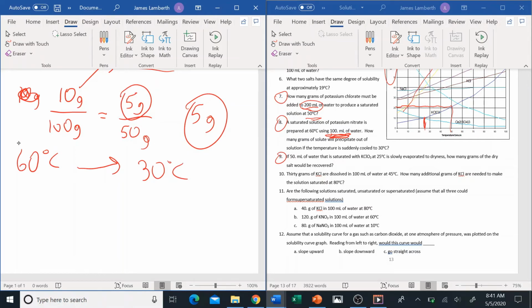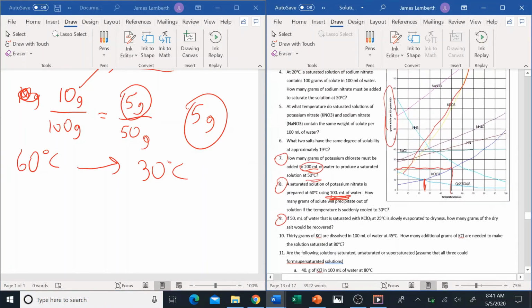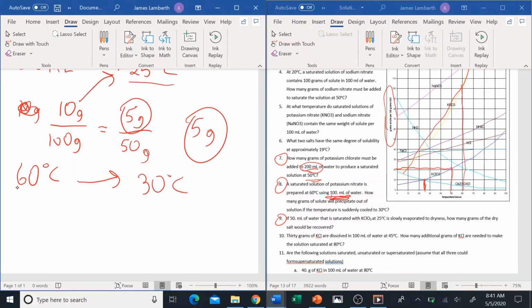Now, what are those solubilities? Well, here we're dealing with potassium nitrate. Oh, great. The yellow curve. So, at 60 degrees Celsius, the solubility of potassium nitrate is about 102 grams.